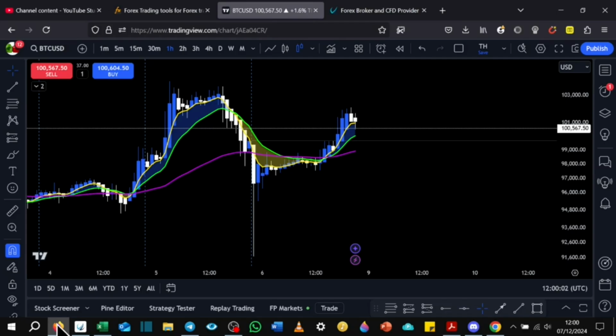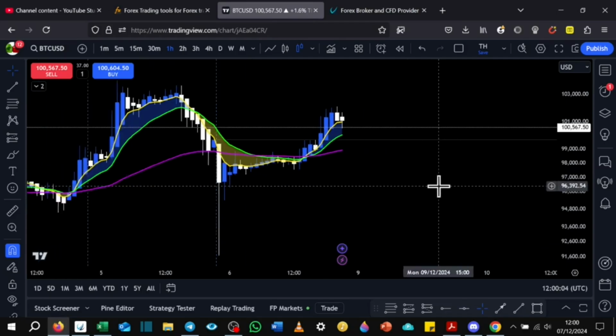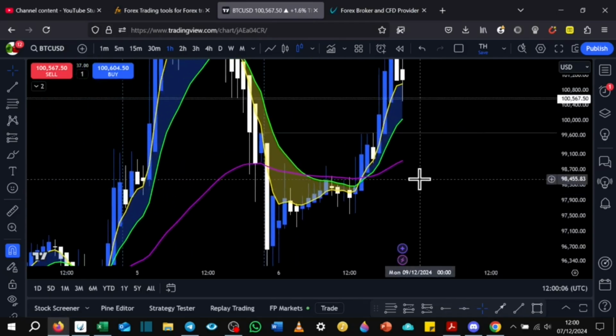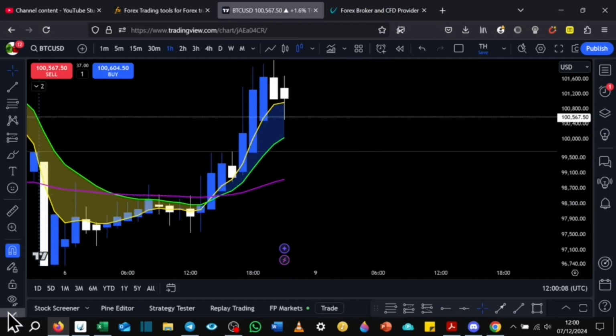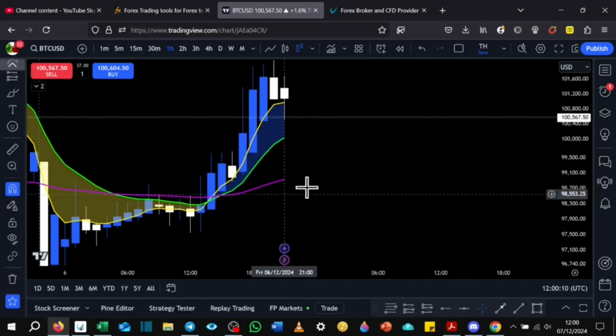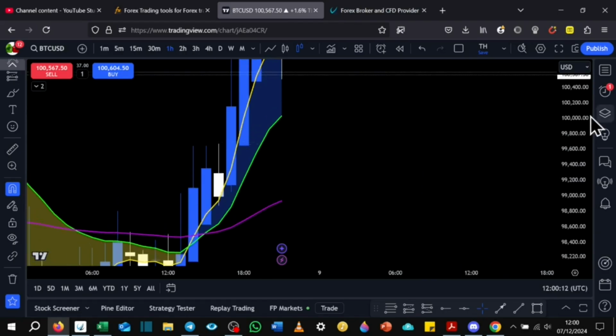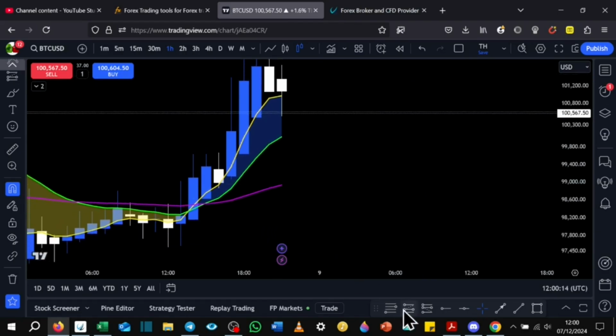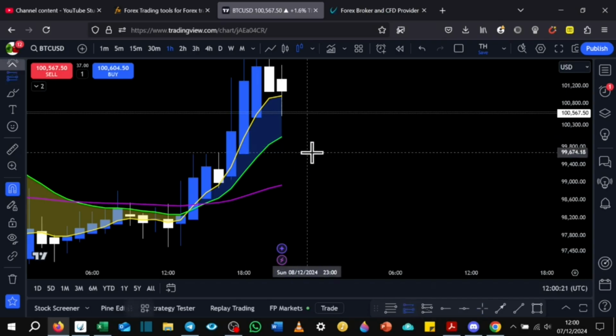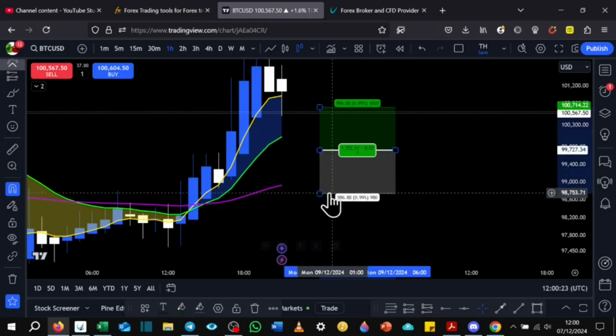And if we go to Bitcoin, just as an example, if we were to place a trade, we're going to do a long position and we're going to put that here.